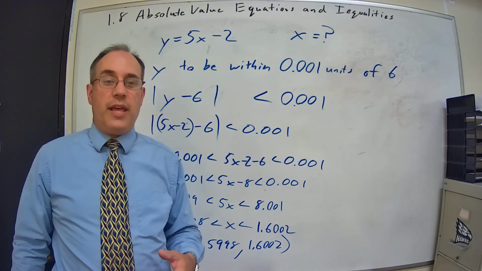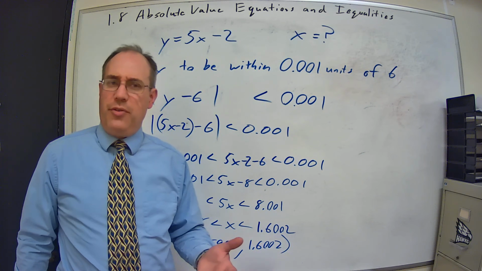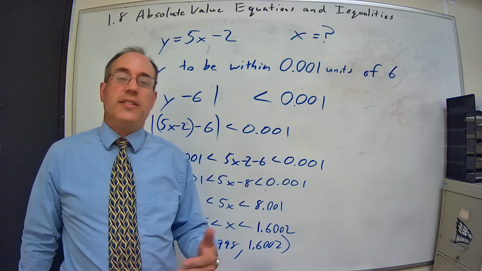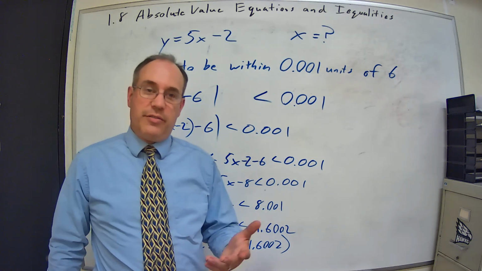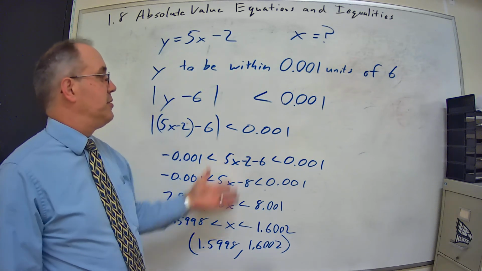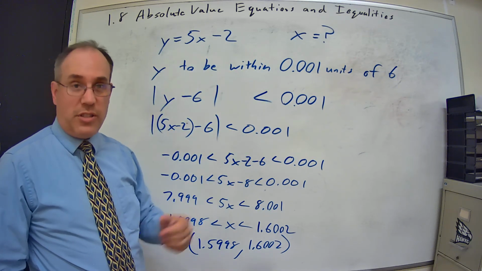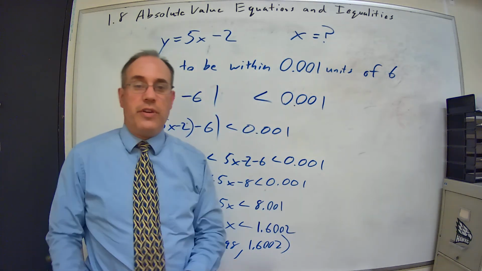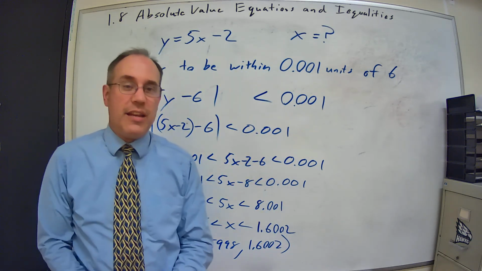You may buy one that's got a tolerance of plus or minus 20%, which is huge. Plus or minus 10%, plus or minus 1%, plus or minus 0.01%. So depending how much tolerance you can deal with, then you select the correct component to give you the tolerance that you need overall. So that finishes up absolute value equations and inequalities.